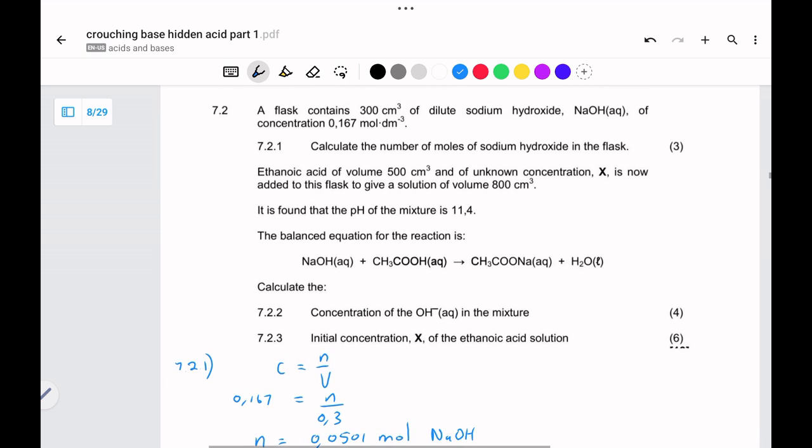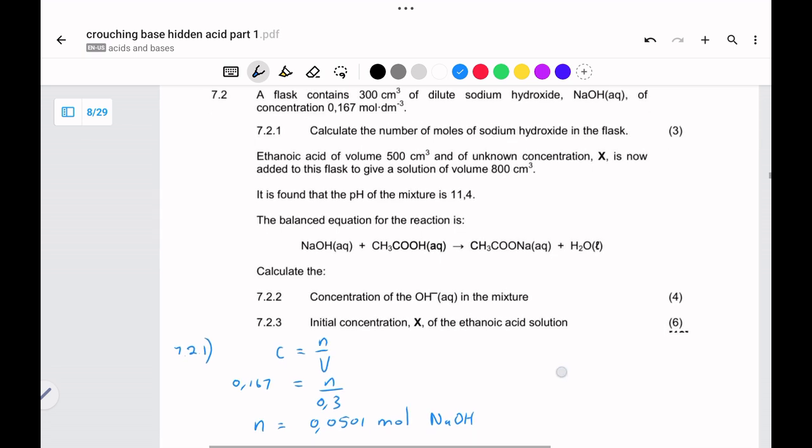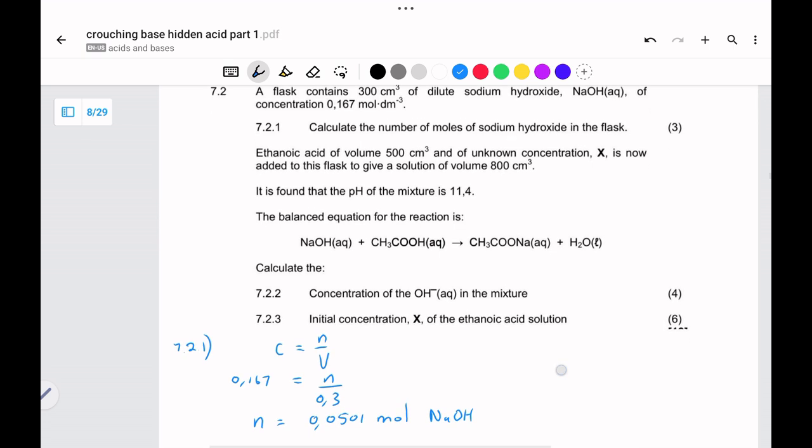That is the state of our sodium hydroxide. Now, ethanoic acid of volume 500 cubic centimeters and of unknown concentration, capital X, is now added to this flask. So we have a reaction to give a solution of volume 800 cubic centimeters. It's the 300 that we started with, plus the extra 500.